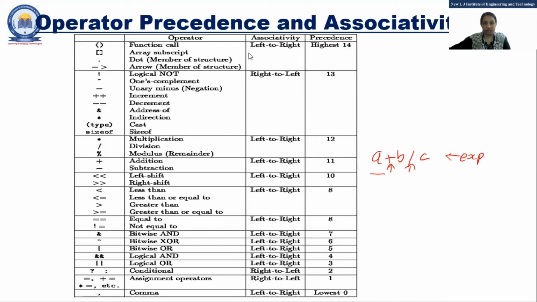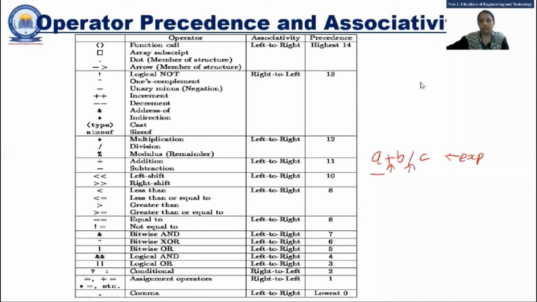A plus B, no. Okay, B divided by C. So which will be executed first? That is the question. It should be B divided by C, right?